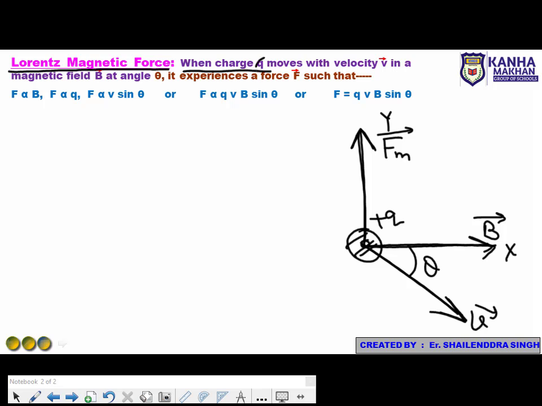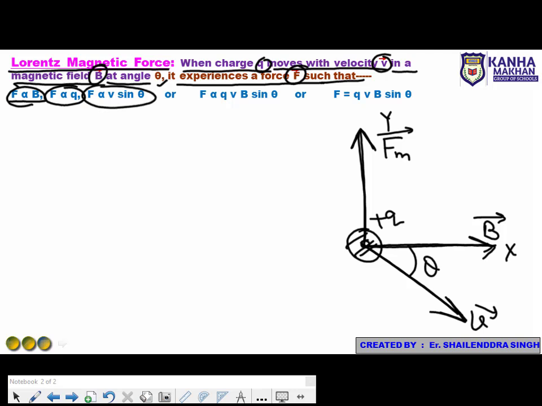When a charge q moves with velocity v vector in a magnetic field B vector at angle theta, it experiences a force, which is also a vector quantity, such that force is directly proportional to the magnetic field, to the charge, and to the sine component of the velocity. Combining all three, force is directly proportional to qvB sin theta. Therefore, F equals qvB sin theta.